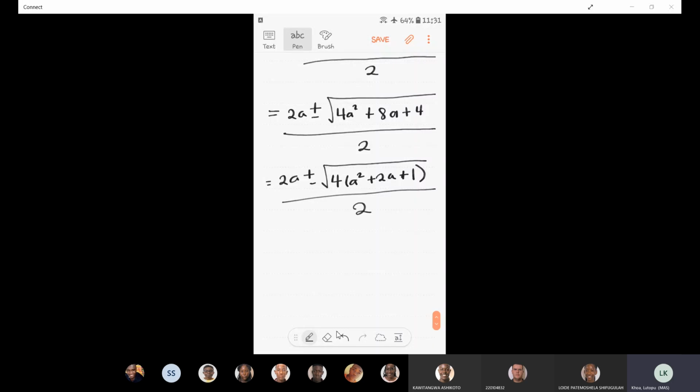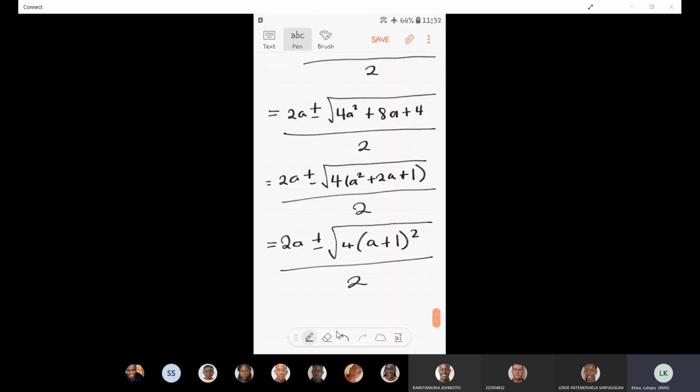Okay, so I factorized a 4 out. Then my bracket, this one that I have over here, you can see that I can factorize it and it is a perfect square. So what I have is actually this 2a plus or minus the square root of 4 times a plus 1 squared. This is all being divided by 2.